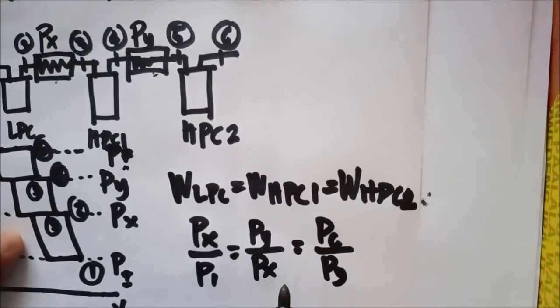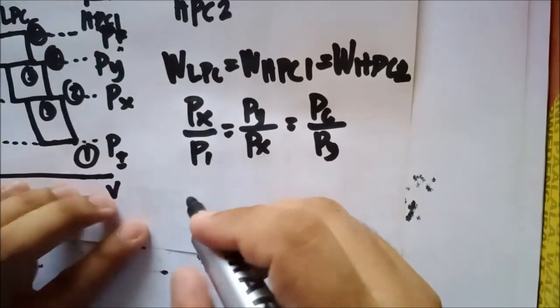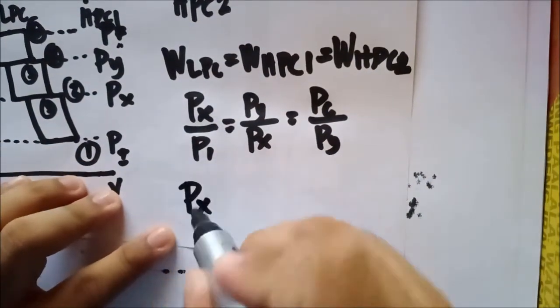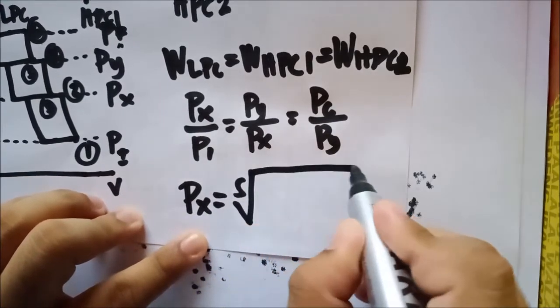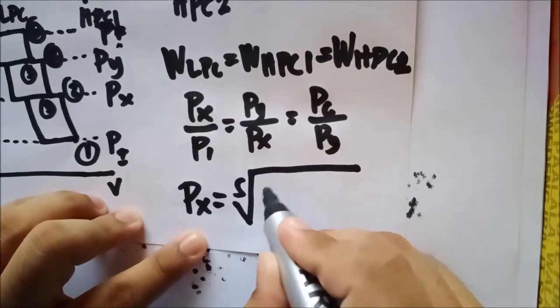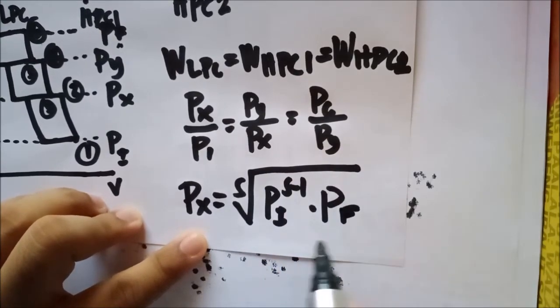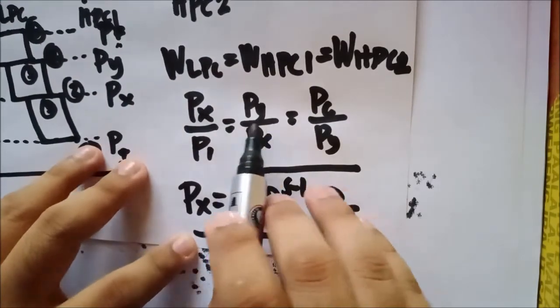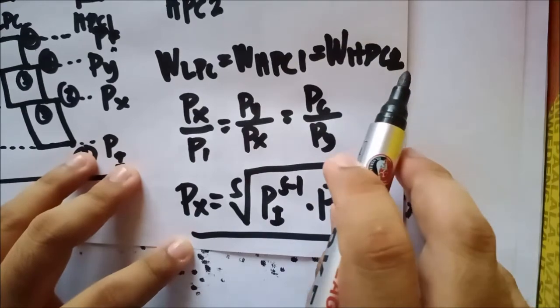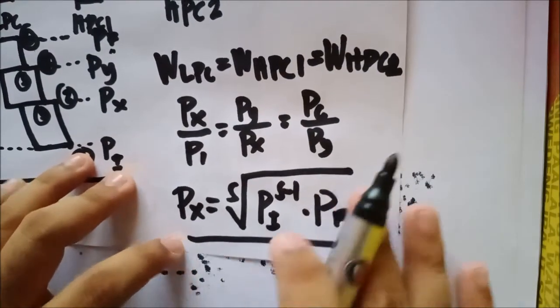Okay, so based on the derivation, we could have a generalization that the Px in multi-staging is equal to the root of the number of stages, of the pressure initial to the power S minus 1 times the pressure final. So even if it is 3 stage, 4 stage, 5 stage, it follows the same pattern, the same derivation.